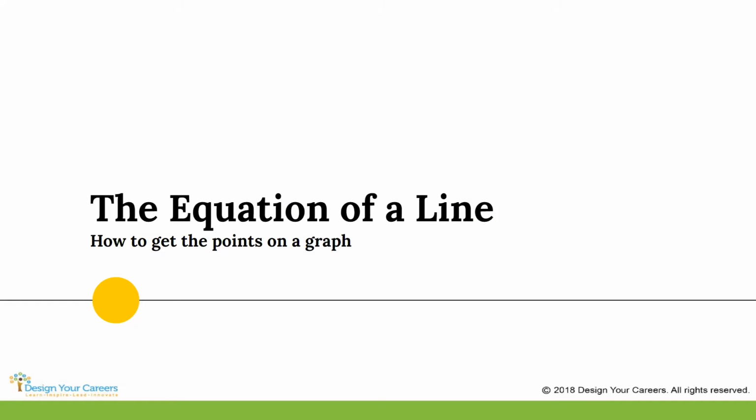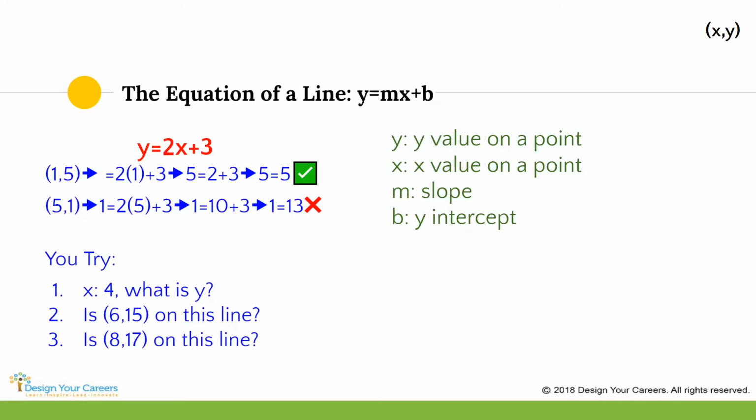Now let's move on to the equation of a line and how to get points on a graph, because we aren't always given a picture when we're talking about lines. So this is another slide that I recommend you put in your notes. Again, the equation of a line is y = mx + b, where y is a y value on a point, x is an x value on a point, m is the slope, and b is the y-intercept.